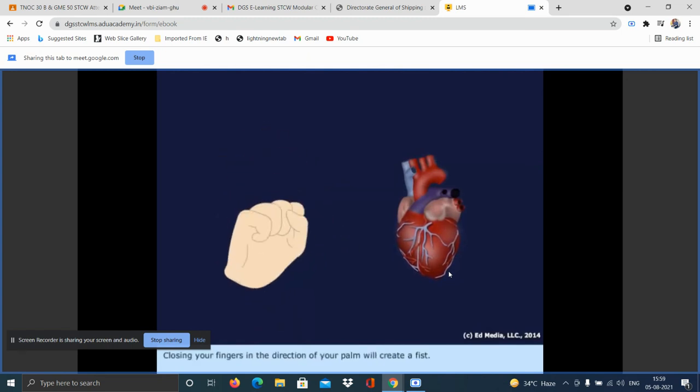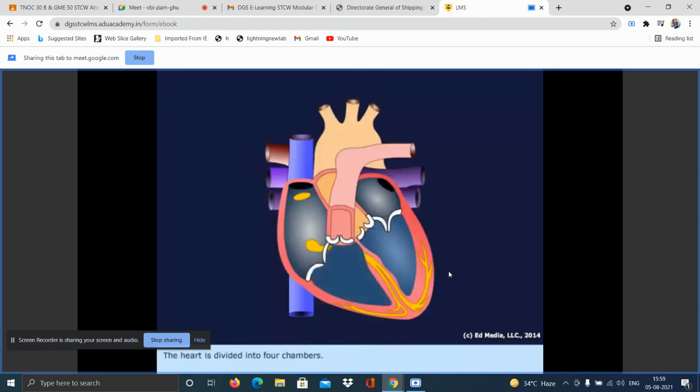Closing your fingers in the direction of your palm will create a fist. The heart is divided into 4 chambers. The upper 2 chambers are termed as atria, which is called the atrium. The lower 2 chambers are called the ventricles.